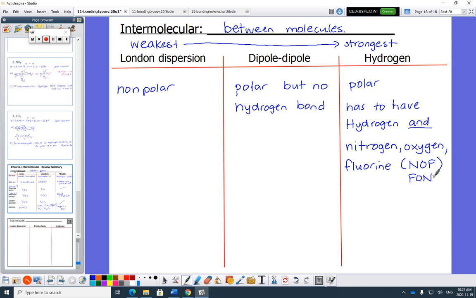London dispersion, it's weak, nonpolar. Dipole-dipole, polar, but no hydrogen bond. So it's right in the middle. And then hydrogen bonding's the strongest, has to have hydrogen and extremely electronegative elements: nitrogen, oxygen, fluorine. Okay?